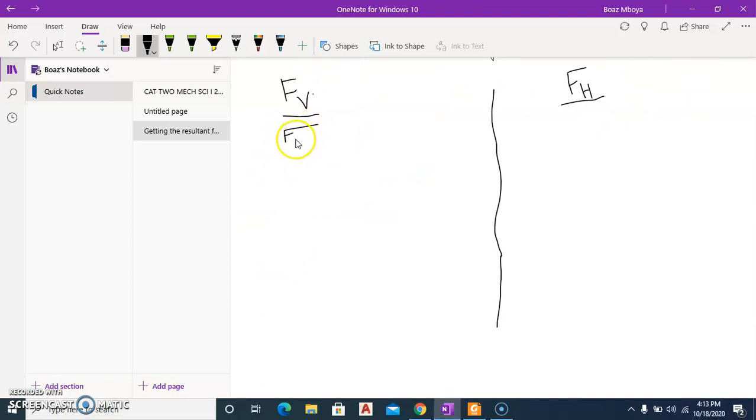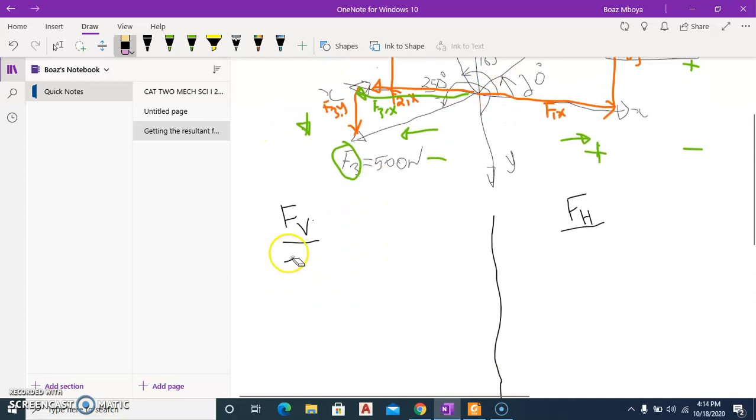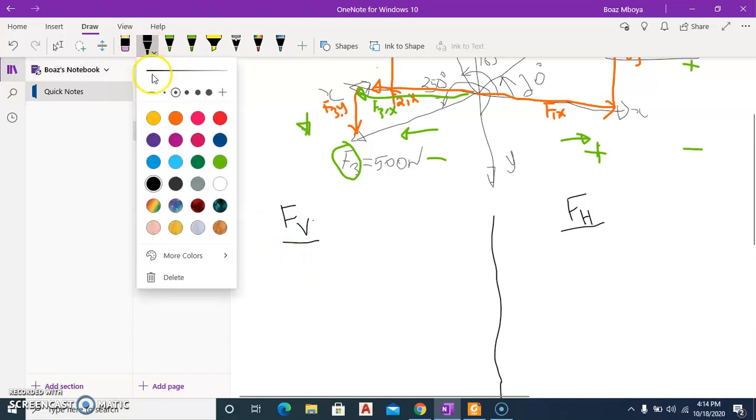So vertical component of F1 is equal to F1 sine 20 degrees. So let's just pick another pen.